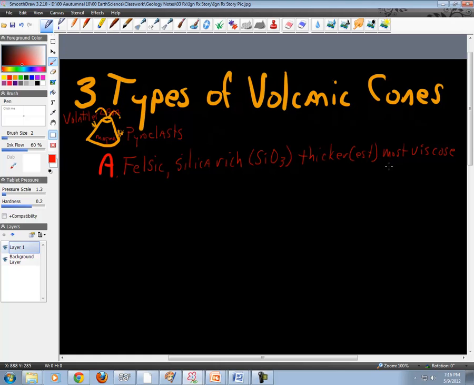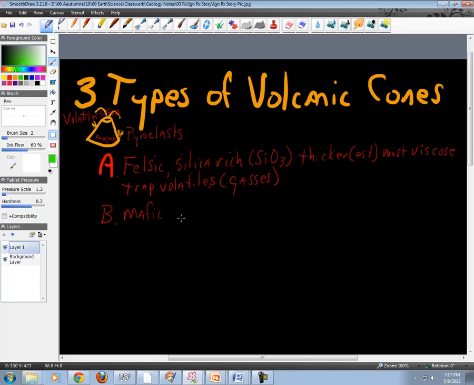Because it's the thickest magma, it's able to trap volatiles, gases like water vapor, carbon dioxide, carbon monoxide, any type of gas that could be trapped inside the earth.